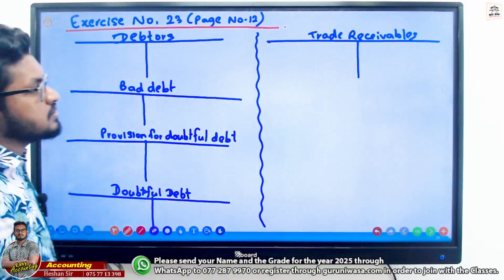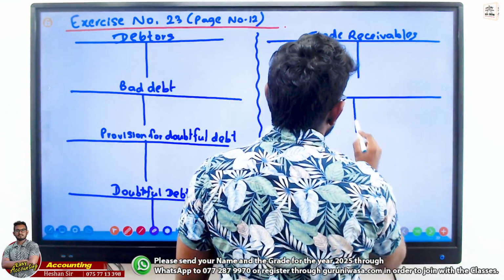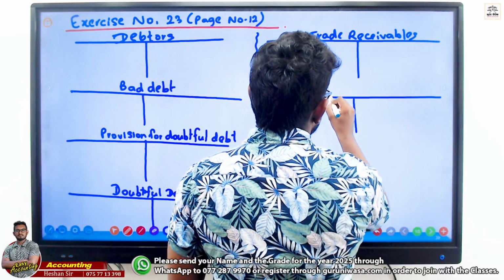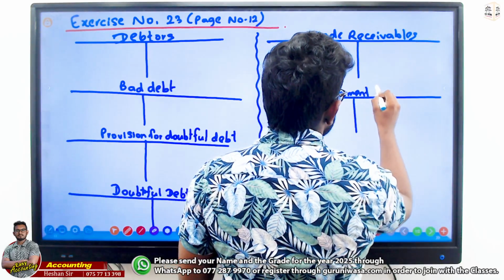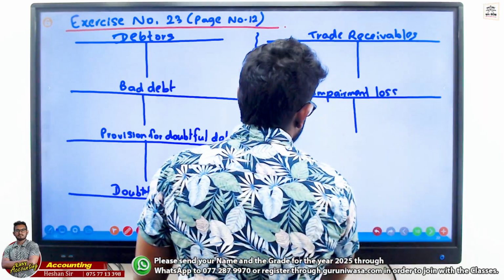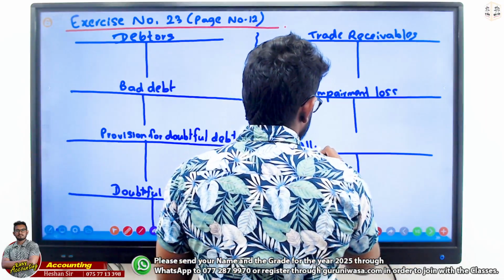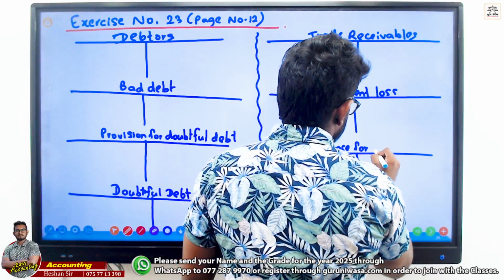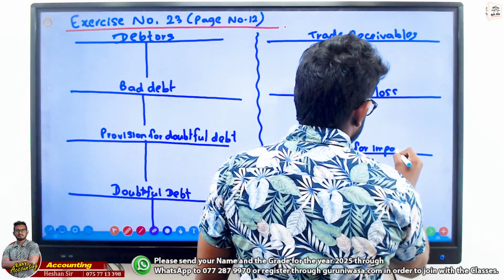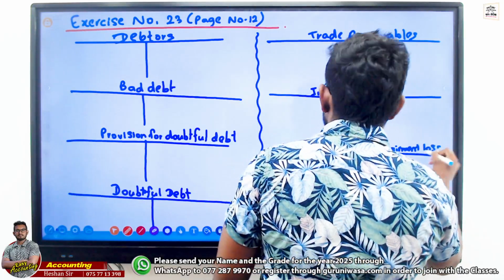In here, trade receivables, impairment loss, and allowance for impairment.